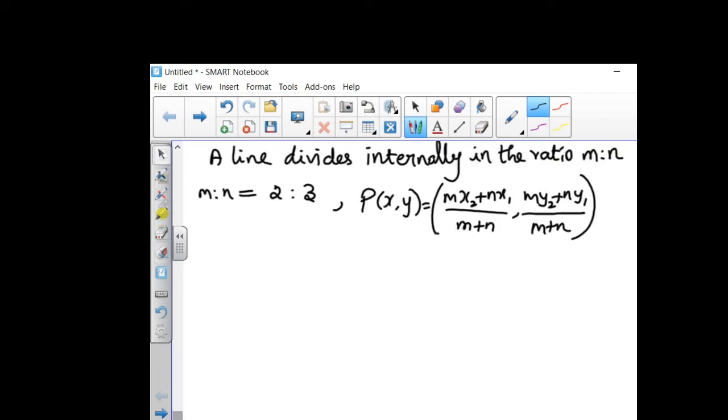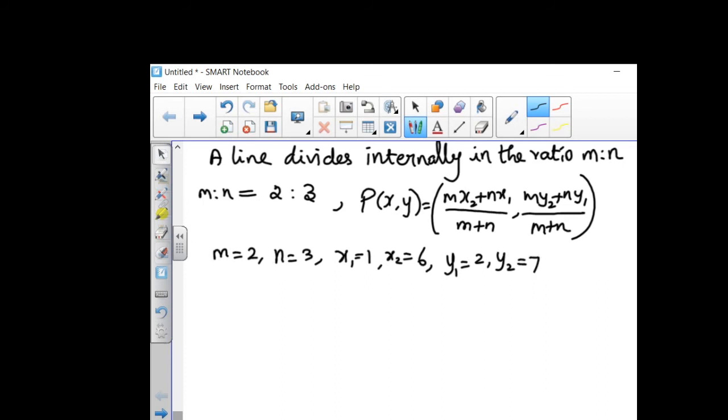Okay, so now you can apply. What is that? m is equal to 2 and n is equal to 3, and x1 is equal to 1, x2 is equal to 6, then y1 is equal to 2 and y2 is equal to 7.